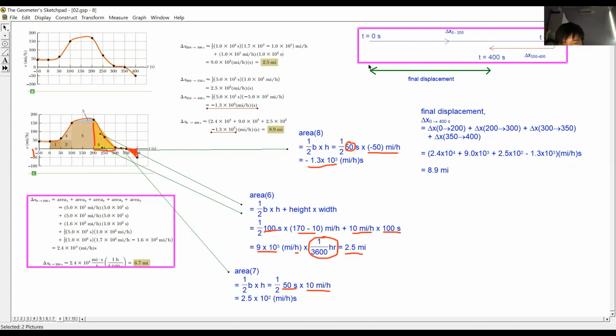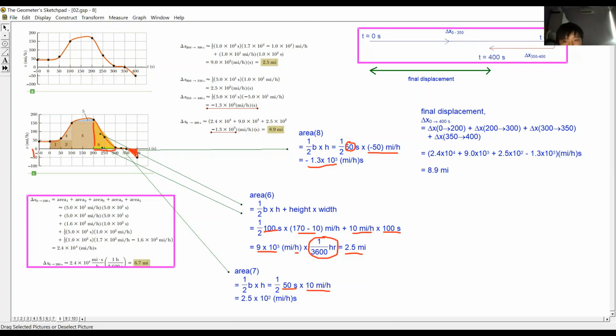Okay. Now, from 0 to 350, it is moving forward. Moving forward means they move from the original position towards the right hand side. So they move until the 350th second.